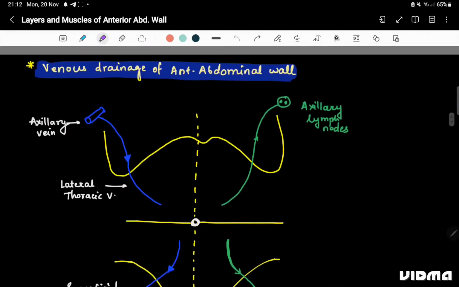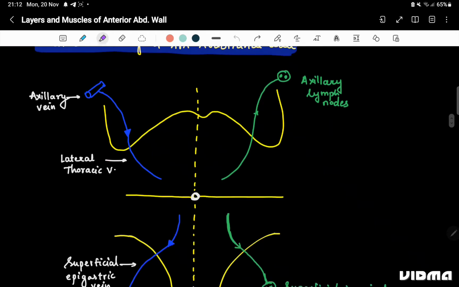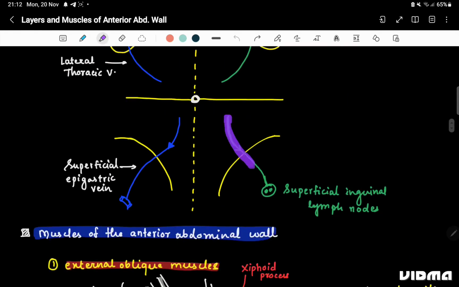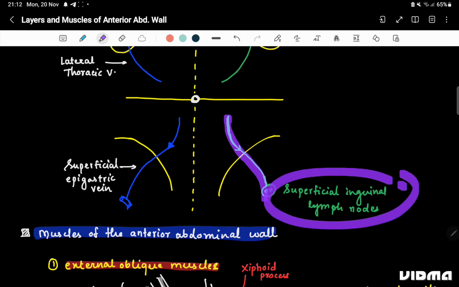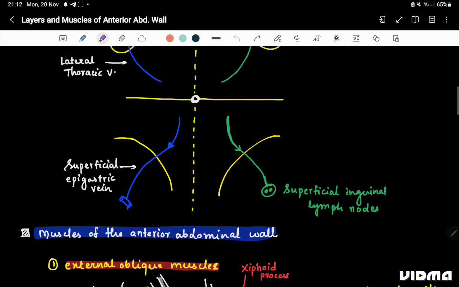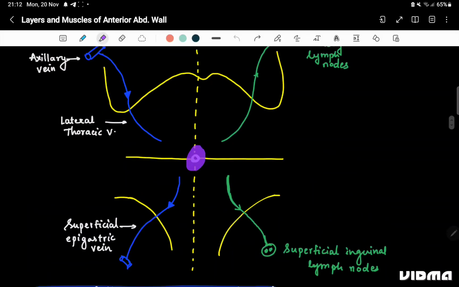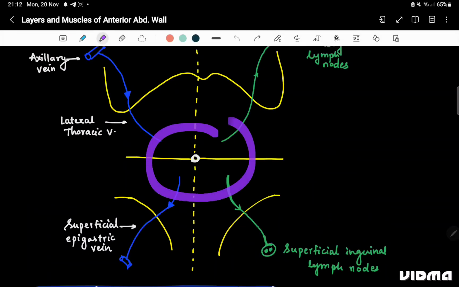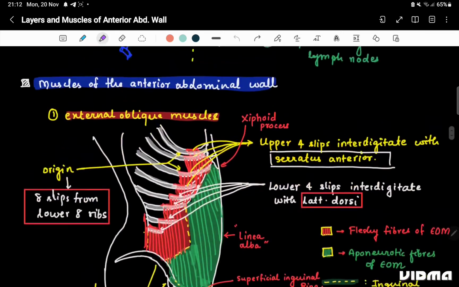And about lymph nodes, we have the axillary lymph nodes. Lymph from this part drains into the axillary lymph nodes, and lymph from this lower part drains into your superficial inguinal lymph nodes. So this umbilicus region is called a watershed area because the lymph and the veins drain like this, as a watershed, as a fountain.